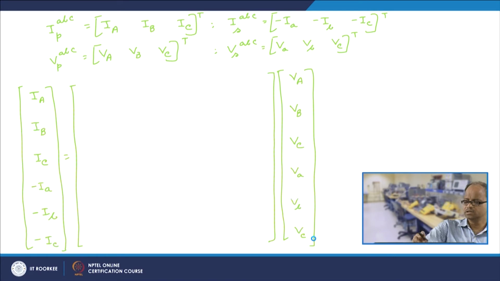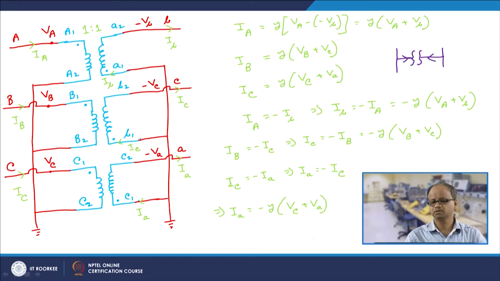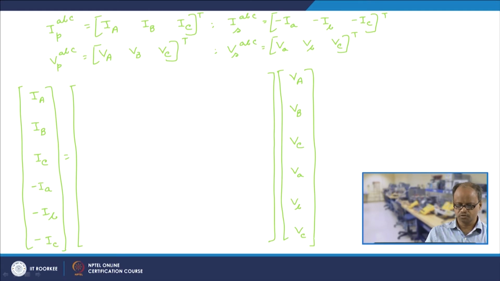Now, what is Ia? Ia is again y into Va plus Vb. So, there should be one y and Va plus Vb. So, this is 1, then 0, then 0, Va plus Vb. So, then 0 and 1 and 0.